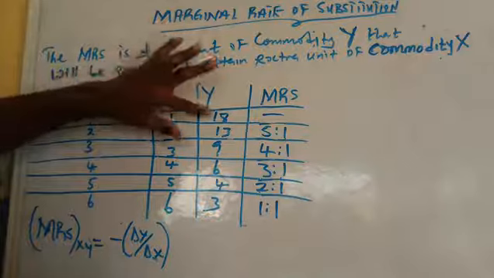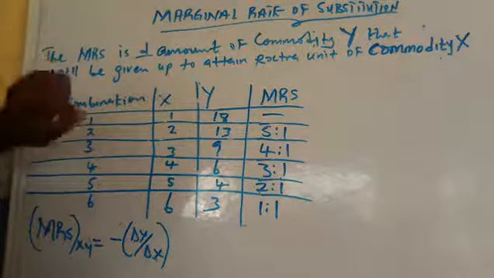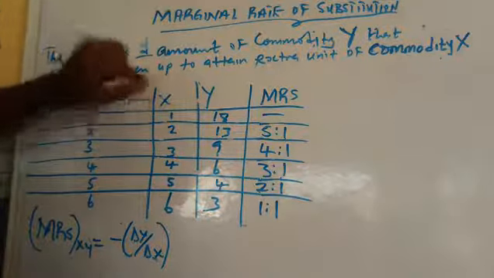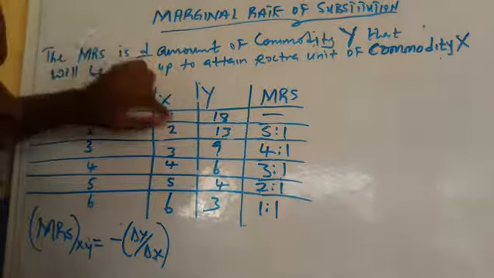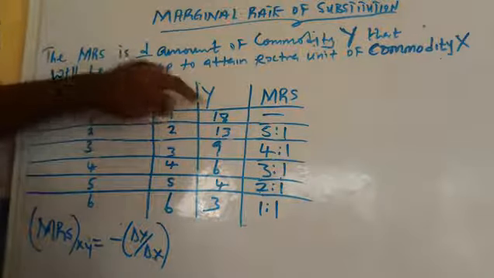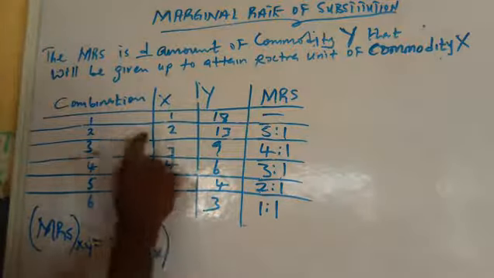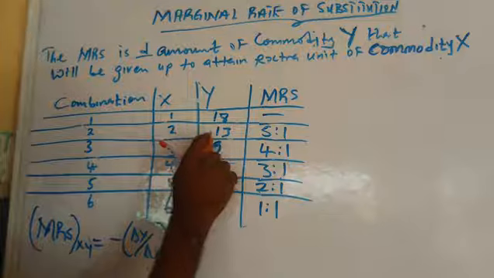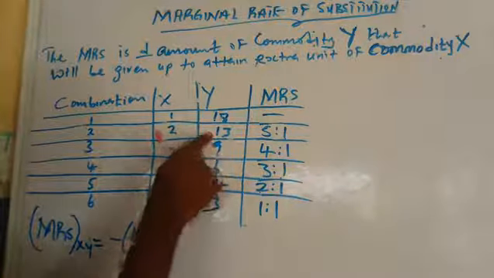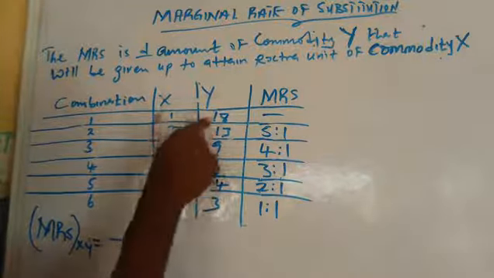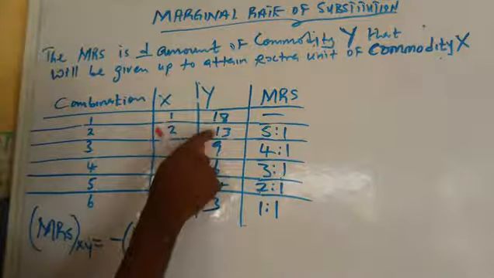Automatically, we have to reduce our Y. Why? Because we must maintain the same level of satisfaction. If you are increasing one, the other must be less. That is why there must be foregone Y.